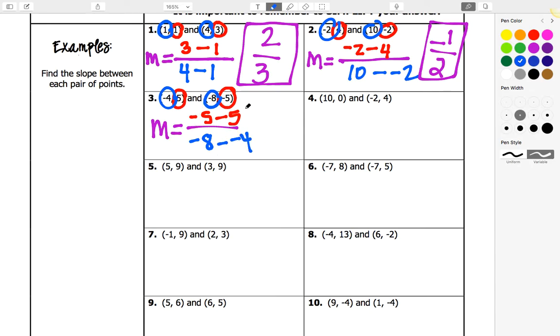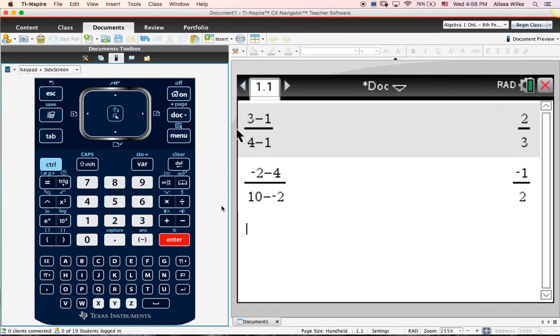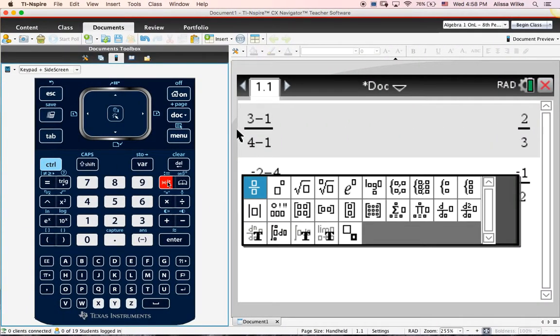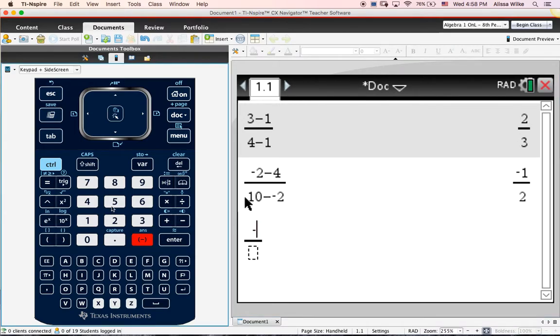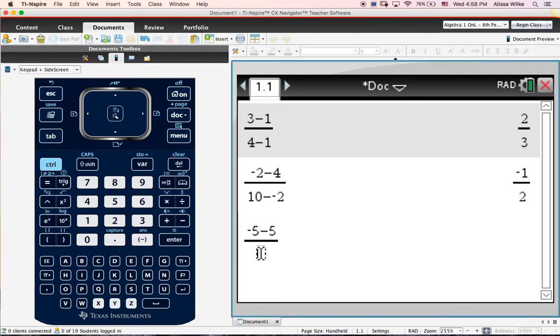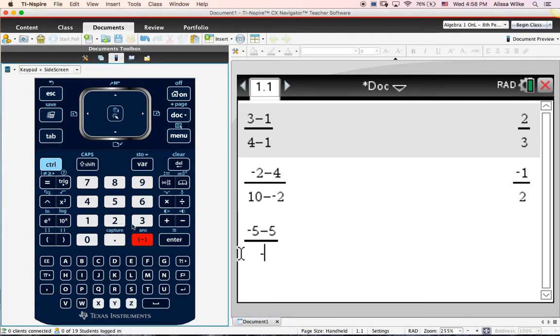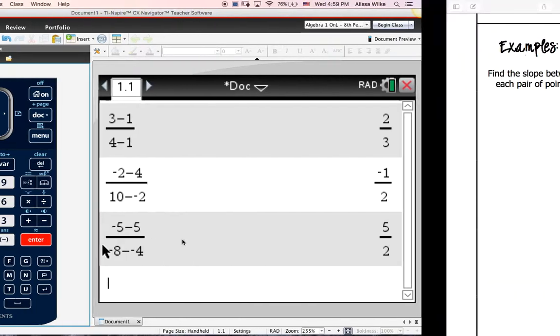Since I have this ratio set up, we'll go ahead and type it into our calculator. I'll hit my vertical fraction, and I'm going to say negative 5 minus 5 in my numerator. My denominator will be negative 8 minus negative 4. And I'll hit enter, and my calculator will simplify that fraction for me and reduce it, and I will get 5/2.